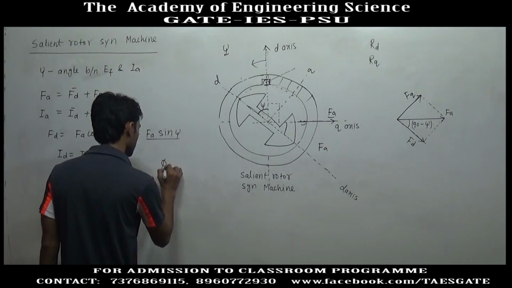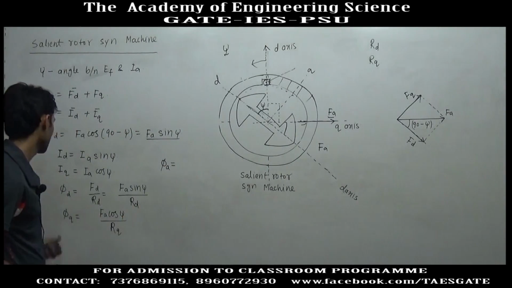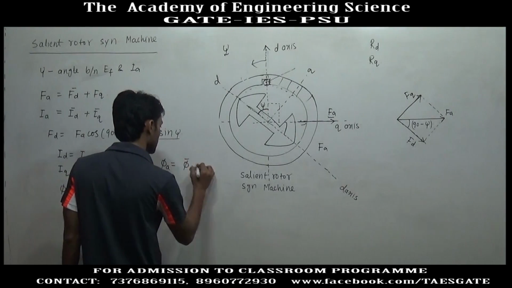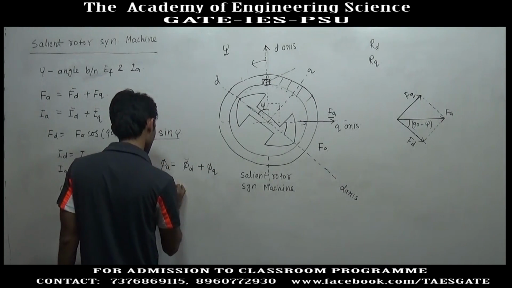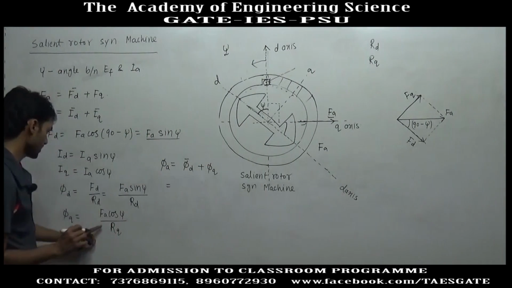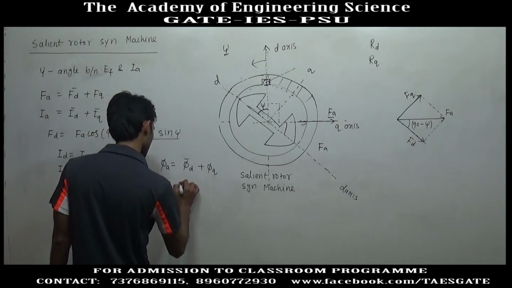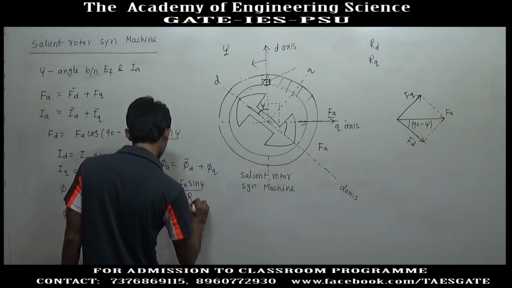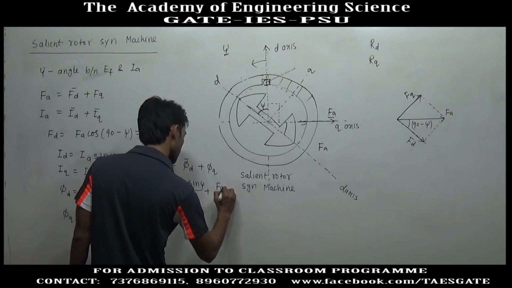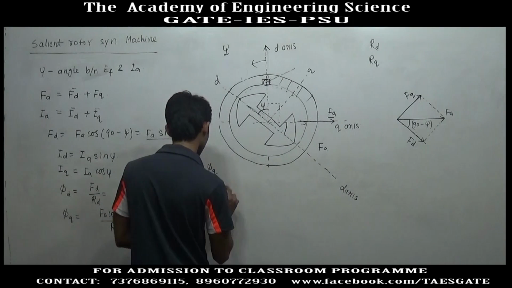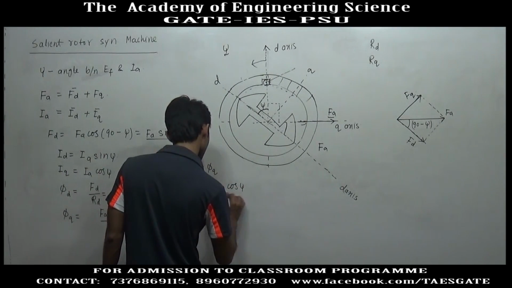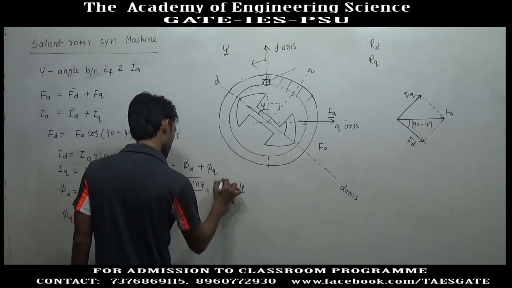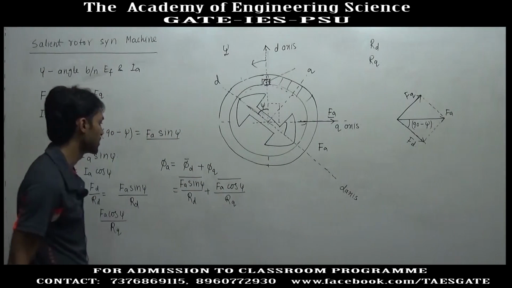the total armature flux can again be written as flux along D axis plus flux along Q axis, that is FA sin psi divided by reluctance along D axis plus FA cos psi divided by reluctance along Q axis. We will have to take the vector sum, because these two components are perpendicular to each other.